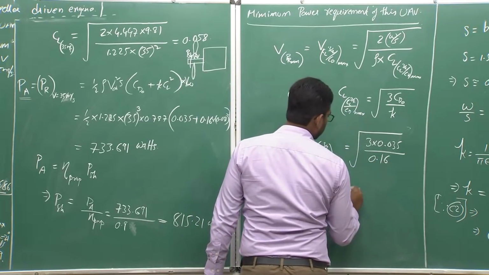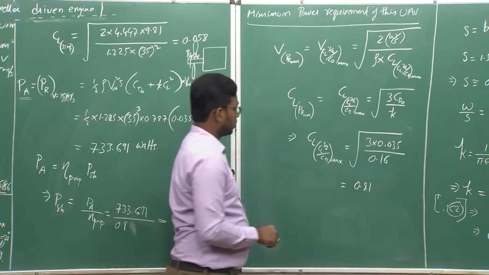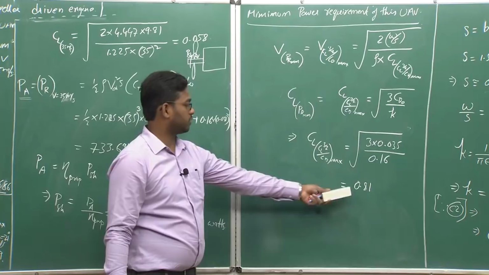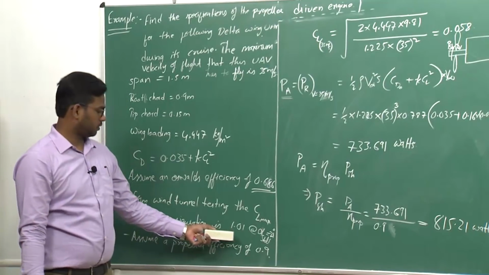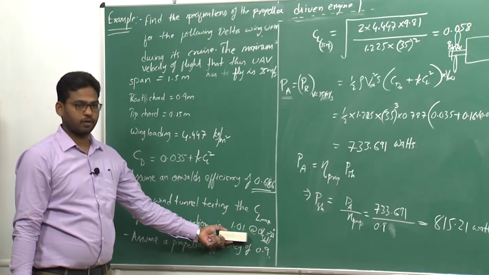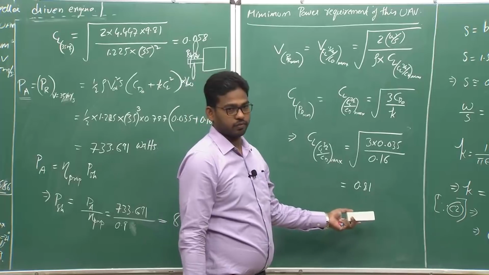So, this turns out to be 0.81. See, the maximum CL we have is about 1.01, right. So, we need to fly almost close to the stall angle of attack.